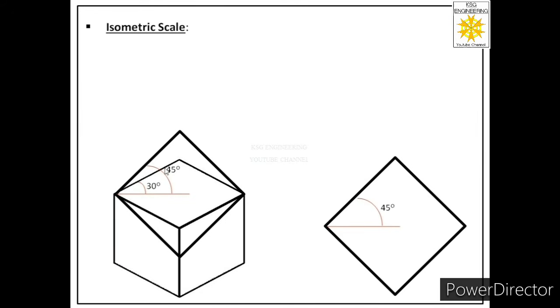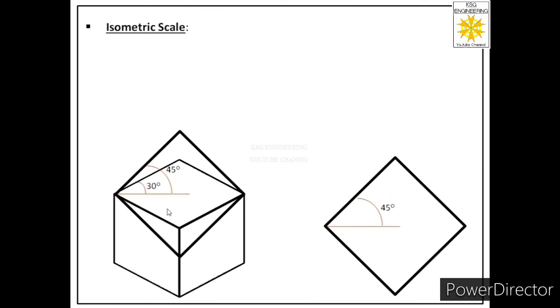Means these are reduced lengths, and we call these as isometric length, but this is true length. So we can say that this length is 82% of this actual length. And this forms the basis of isometric scale.